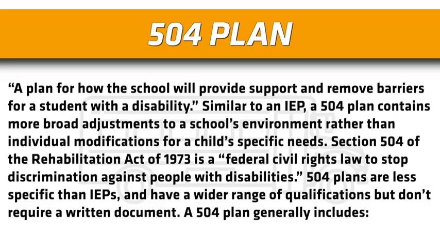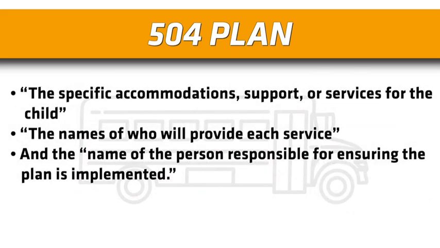Section 504 of the Rehabilitation Act of 1973 is a federal civil rights law to stop discrimination against people with disabilities. 504 plans are less specific than IEPs and have a wider range of qualifications that don't require a written document. A 504 plan generally includes the specific accommodations, support, or services for the child, the names of who will provide each service, and the name of the person responsible for ensuring the plan is implemented.